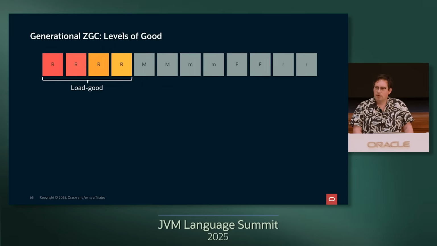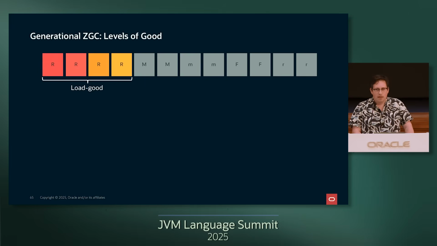To manage all these colors, we have a sort of increasing level of goodness scheme, where starting at the lowest level, we have a property called load good. If a colored pointer is load good, it means that the remappings are correct, which means the address is stable. Might be all sorts of problems otherwise, but at least the address is stable.